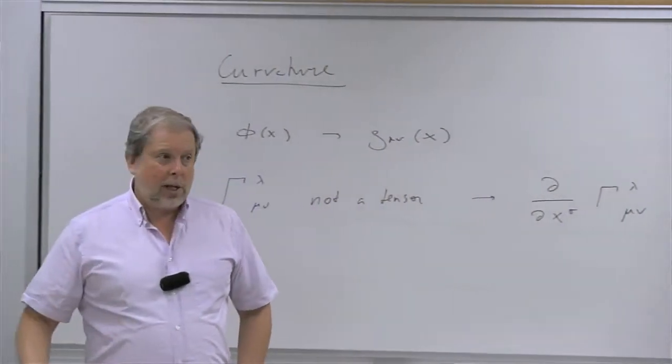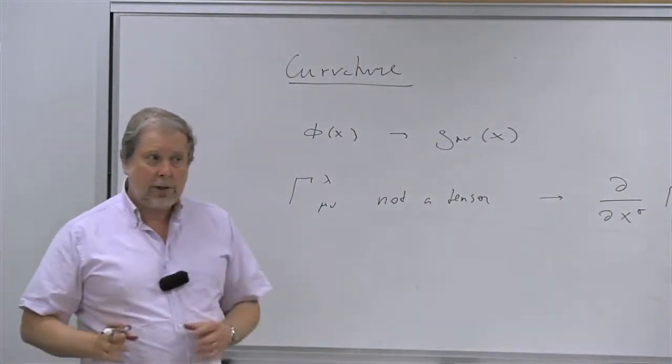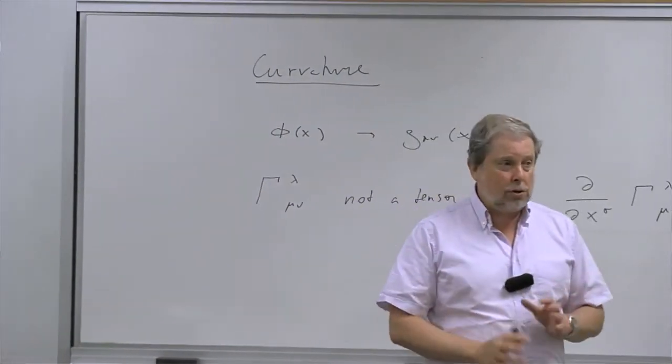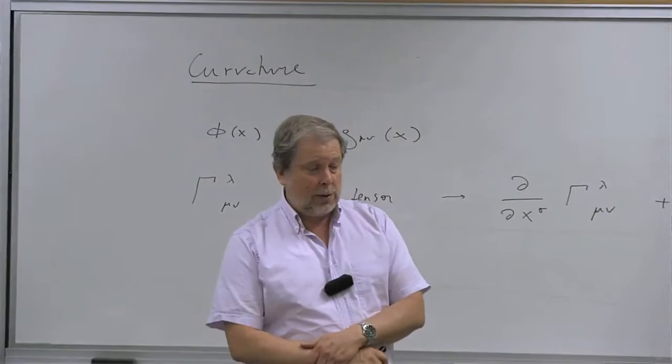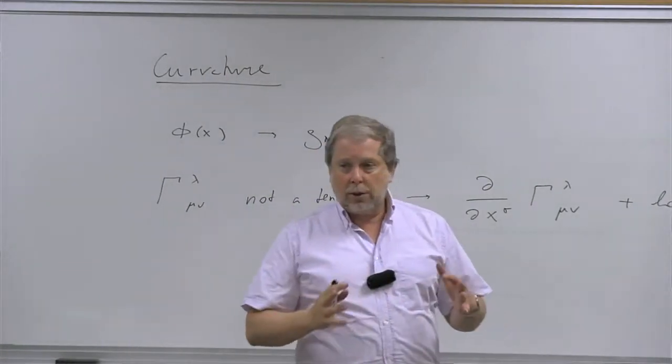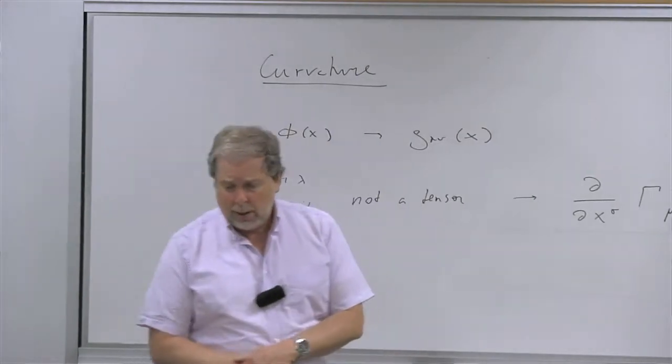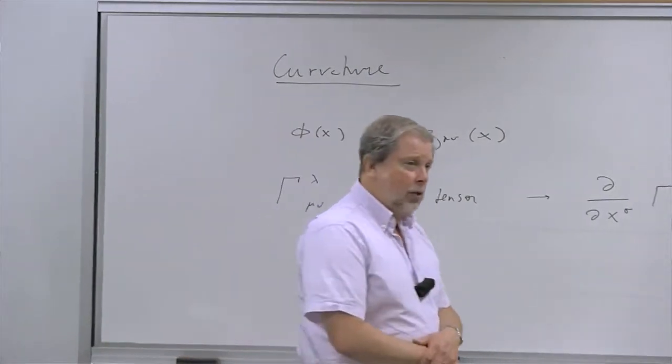And so the hope is that by the time you play around with all these different combinations, there could be something that you can eventually construct that transforms like a tensor. In other words, all the parts that don't transform like a tensor cancel out. And so that was the discovery, right? And that object is the Riemann tensor.